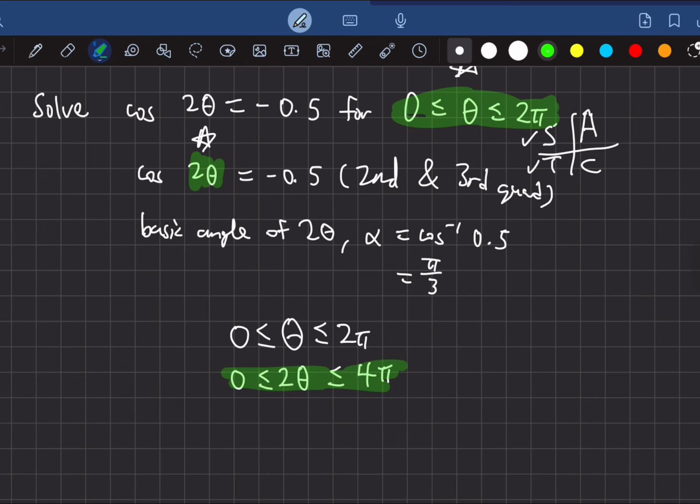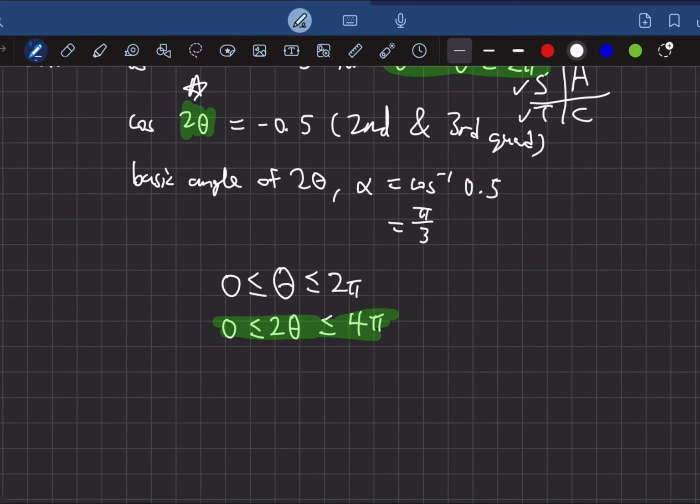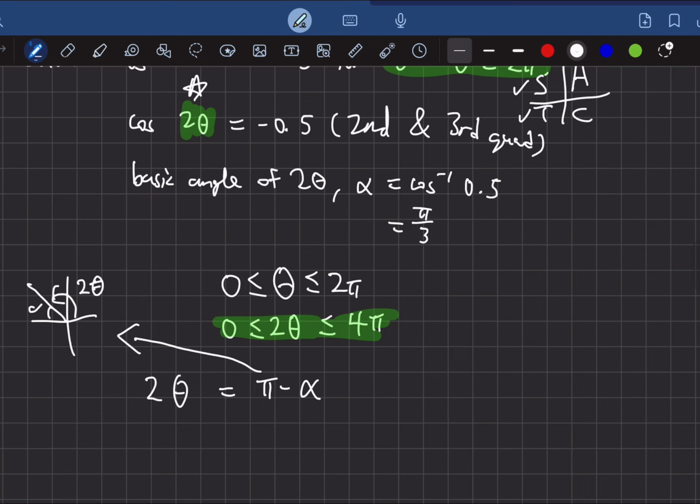So please be mindful. Then from here, 2 theta will be equals to, okay, second quadrant, so will be pi minus alpha. So for this, second quadrant is here. This is our 2 theta. Here is our alpha.